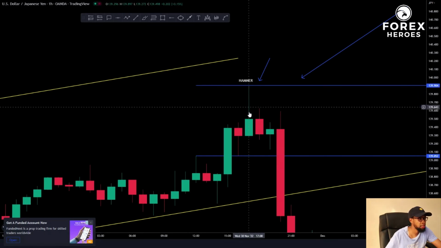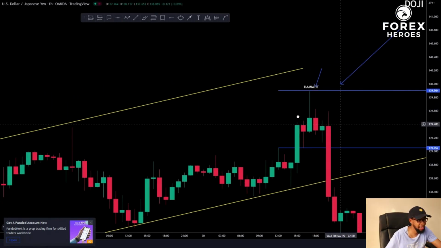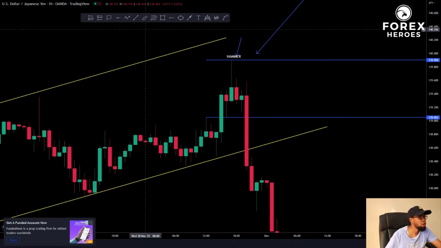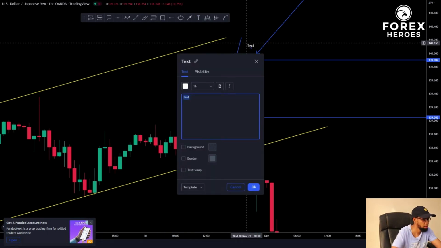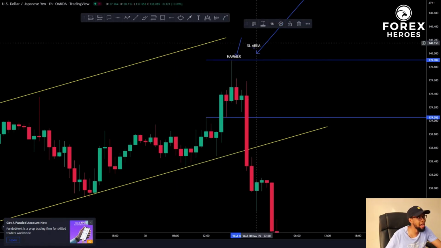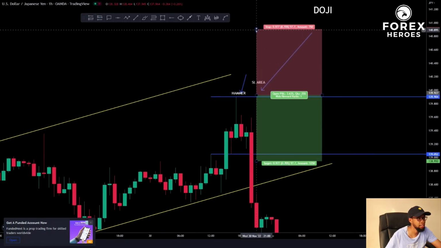Hammer, which is showing us that price moved to its lower side and it was rejected. You can see. So if you were to take this trade, your stop loss has to be above this high. Stop loss area. So this trick also assists you in order to place your stop losses as well.